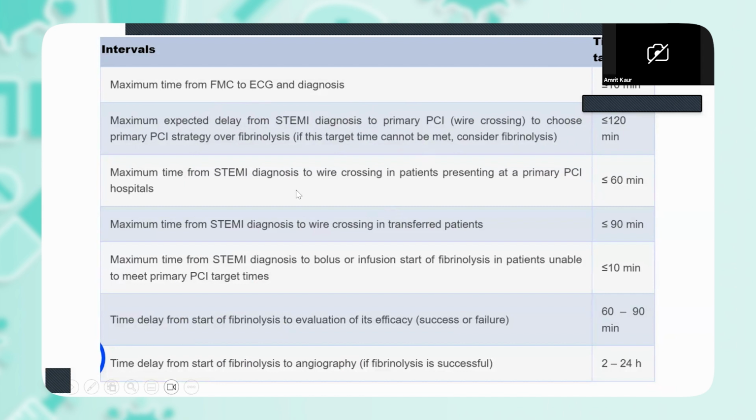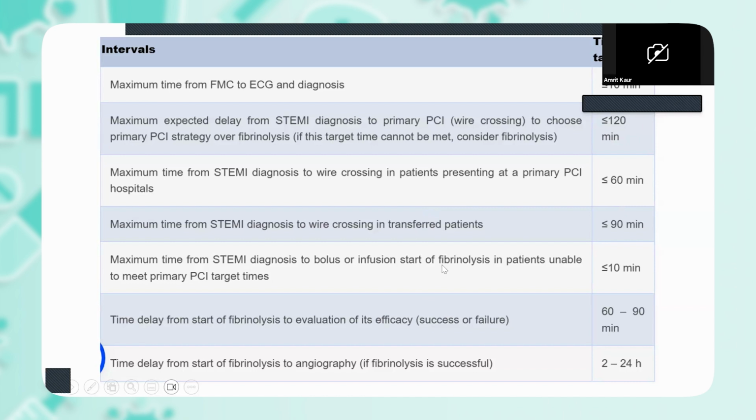This is the maximum time from STEMI diagnosis to wire crossing in patients presenting at a primary PCI hospital. This means that the patient who comes to the PCI hospital directly by himself, we're not talking about the paramedic involvement. If they come directly and they have an ST elevation MI, they should have the wire crossed within 60 minutes. If the patient comes from some other hospital, the wire should be crossed within 90 minutes.